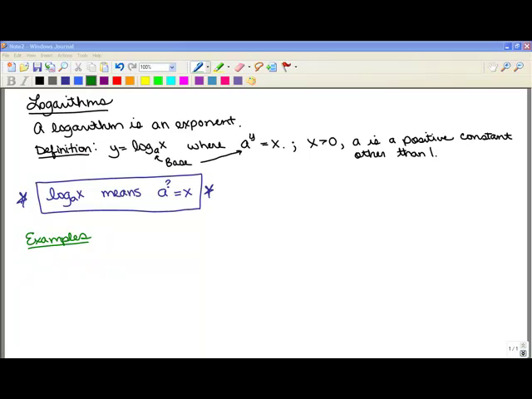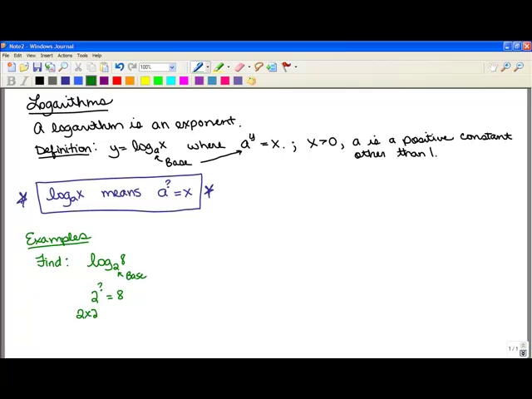Now let's look at some examples. The directions say find the following: log base 2 of 8. Now the base is 2, so we think 2 to what power would give us 8?